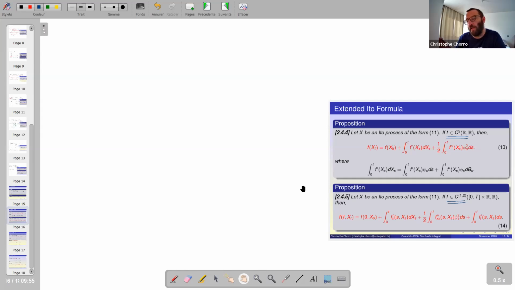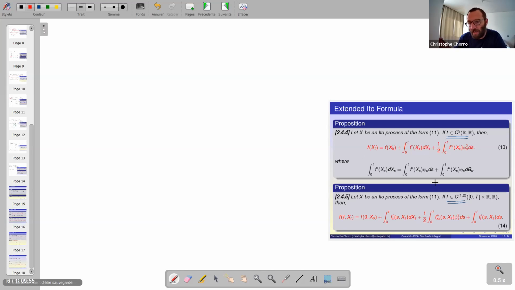Here I have extended the notion of stochastic integral, and so I have extended the notion of Ito process, and you will see that now I can relax my hypothesis on f in order to make all these integrals well defined.